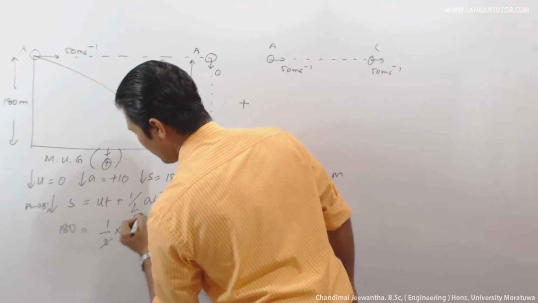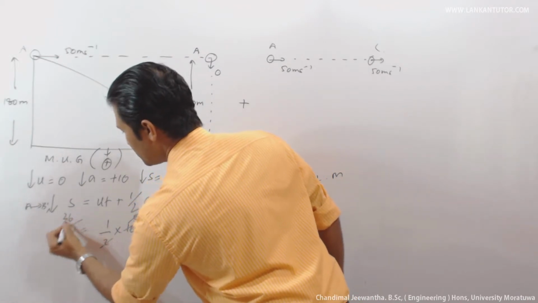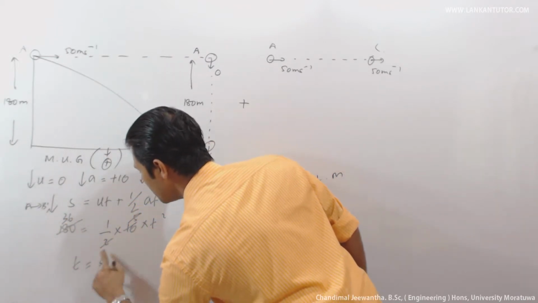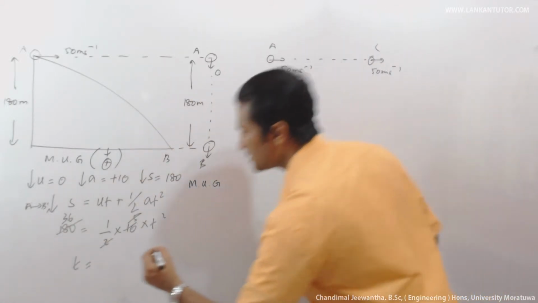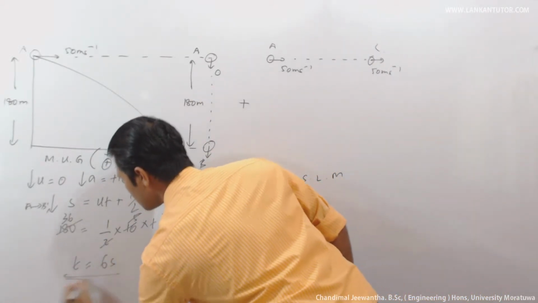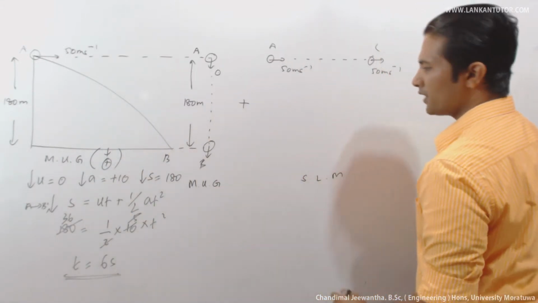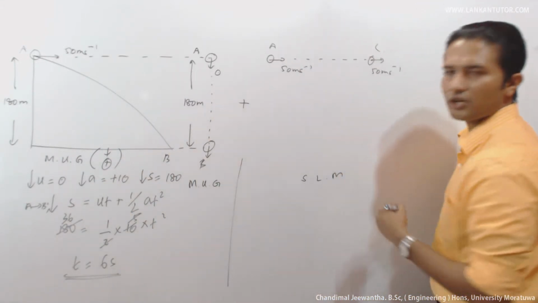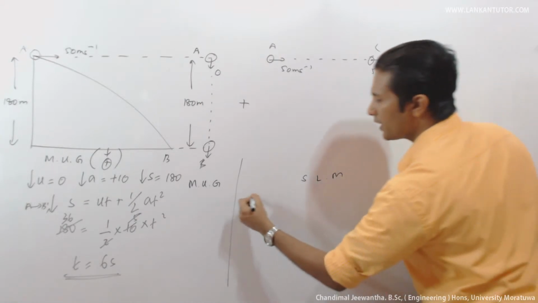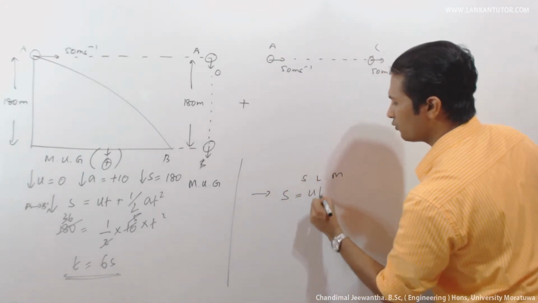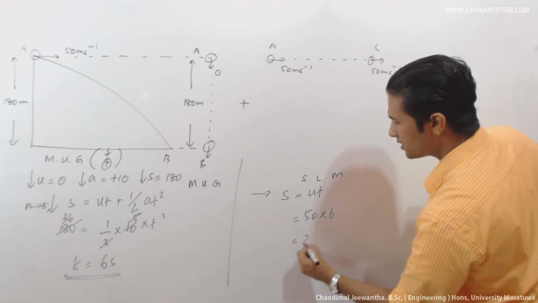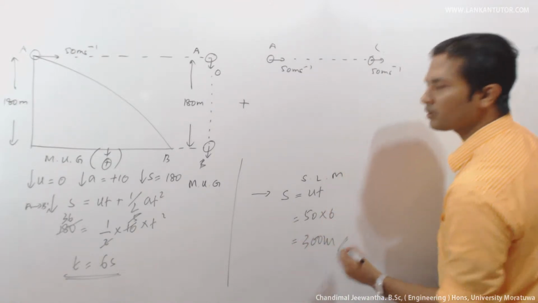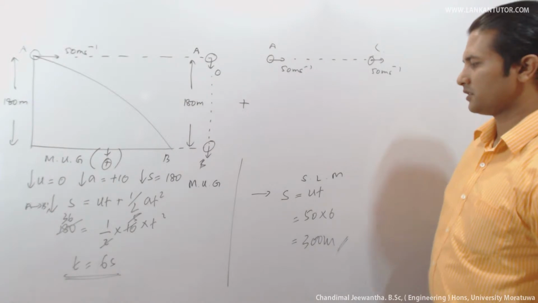Then t square equals 36, so t equals root of 36, that is 6 seconds. And then we can find the horizontal range using S equals ut. What is u? It is 50 and the time taken is 6. So the horizontal range is 300 meters.